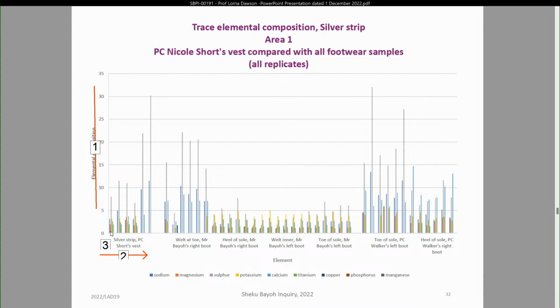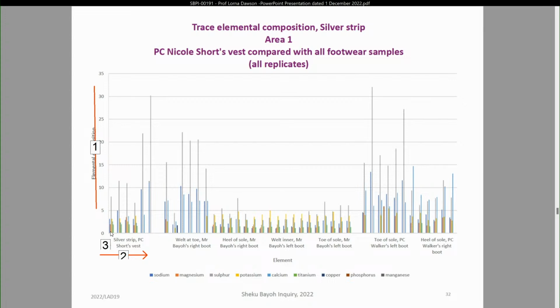For each of those 6, they're represented by 9 different coloured bars. Each bar represents an element. The dark blue one on the left is sodium, orange is magnesium, grey is sulfur, yellow is potassium, blue is calcium, green is titanium, dark blue is copper, brown is phosphorus, and purple is manganese.